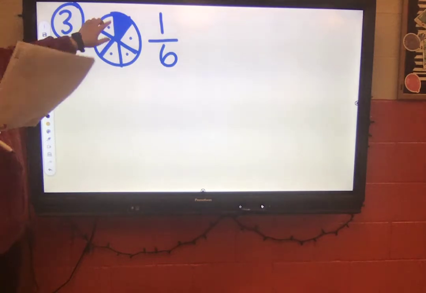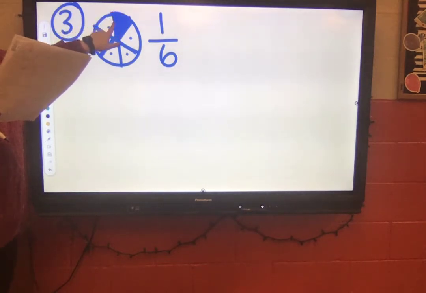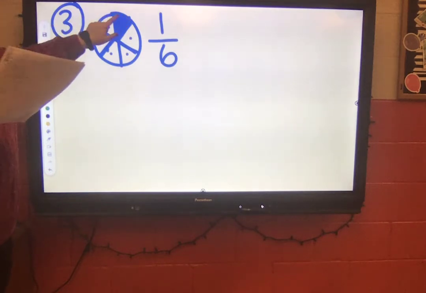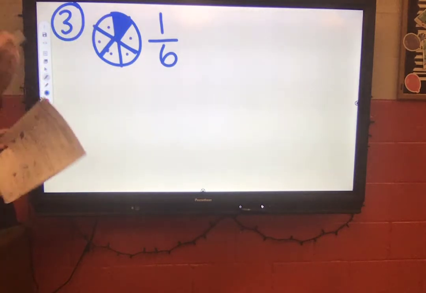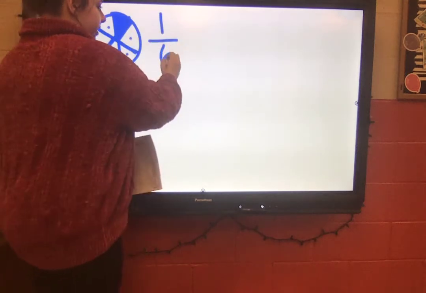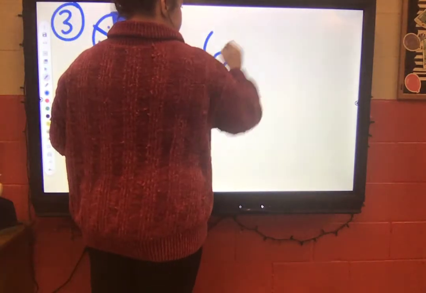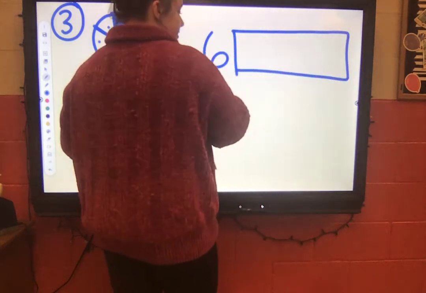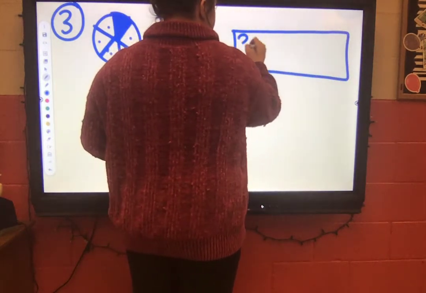But now I need to calculate how many degrees are inside this slice of the circle. So again, I take my denominator, 6, divide it into the total number of degrees in a circle, which is 360.